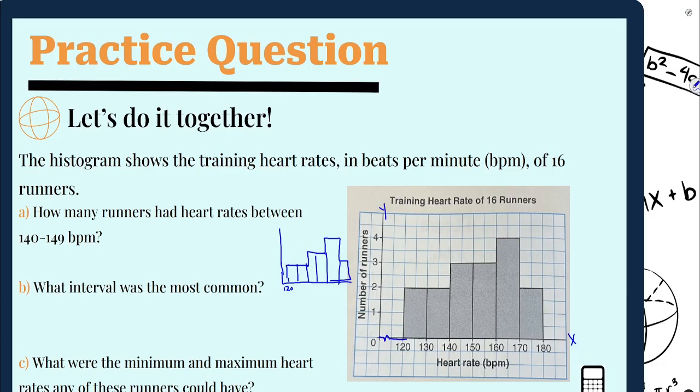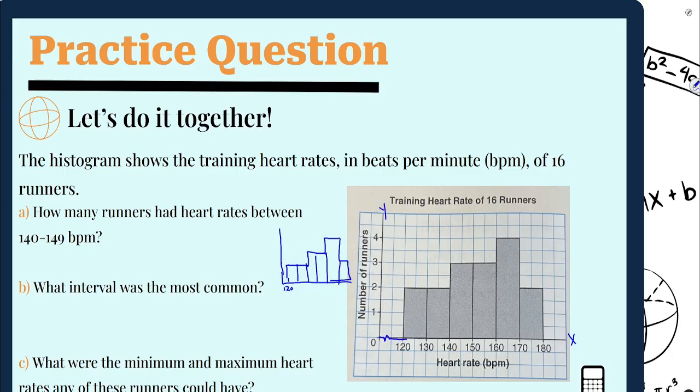So that's what that line means, that break. We recognize there's a whole bunch of different heart rates, but we want to focus on the information that we were presented with, which shows us the lowest runner had a heart rate of 120 and the highest a heart rate of 180 beats per minute.